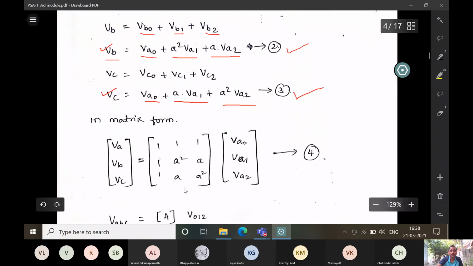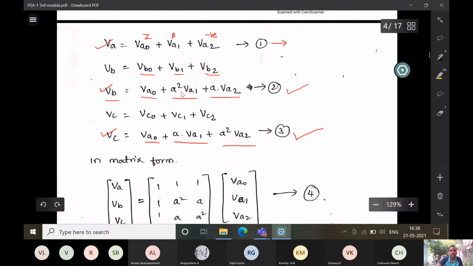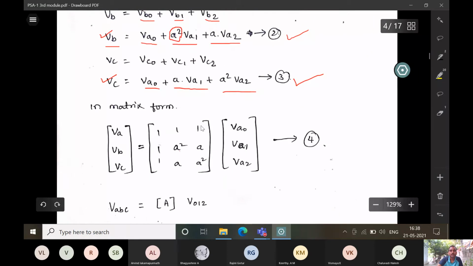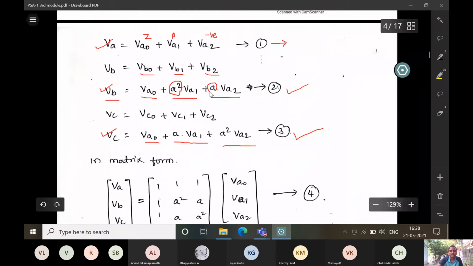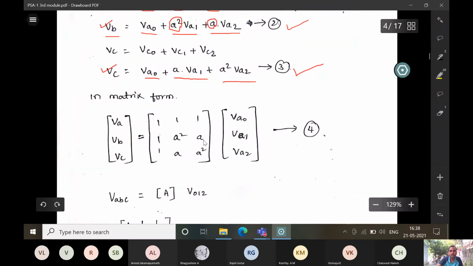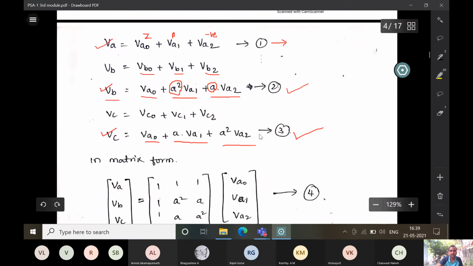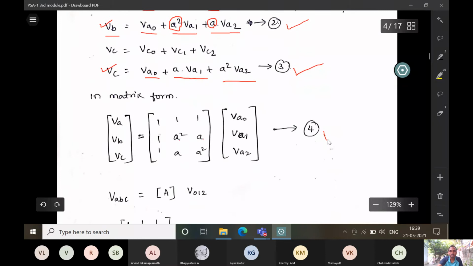The second row is 1, A square, A. In the third row, VC is VA naught, which means 1, then A into VA1 and A square into VA2, so the row is 1, A, A square. If you multiply this, you will get these three equations. This is equation number 4.